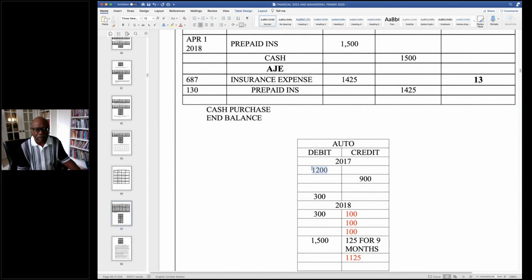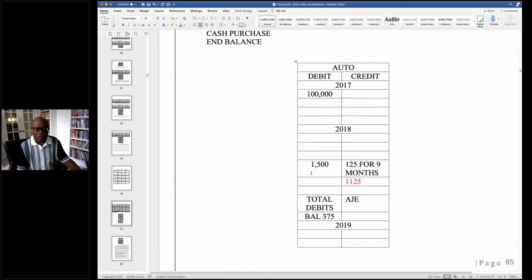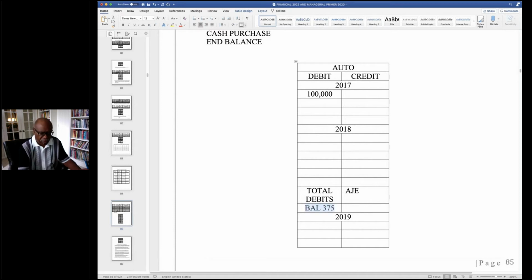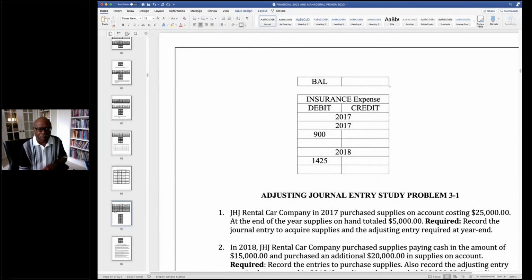The auto has a debit of what? 100,000. Okay, so we got the auto, we got depreciation.